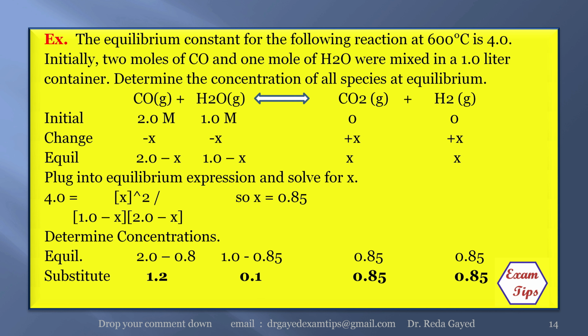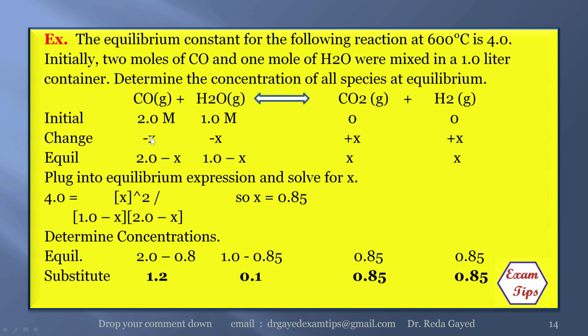To produce carbon dioxide gas plus hydrogen gas. So 2 moles of carbon monoxide plus 1 mole of water gas initially. And at the beginning there is no carbon dioxide nor hydrogen. So the change here will be minus X, plus X, plus X. Why minus X here?